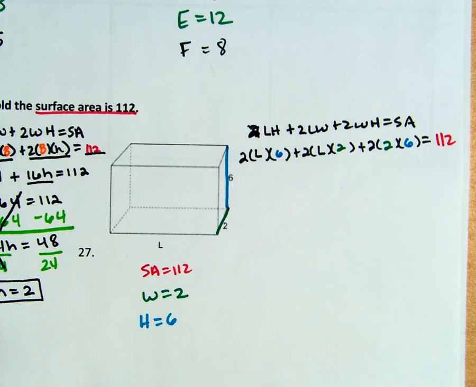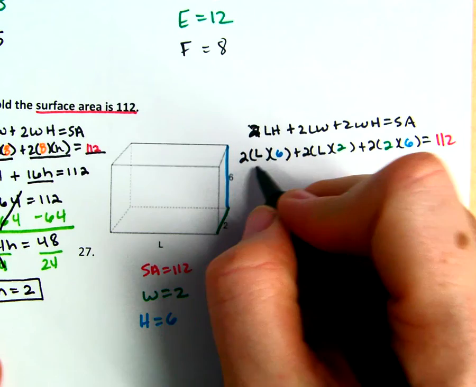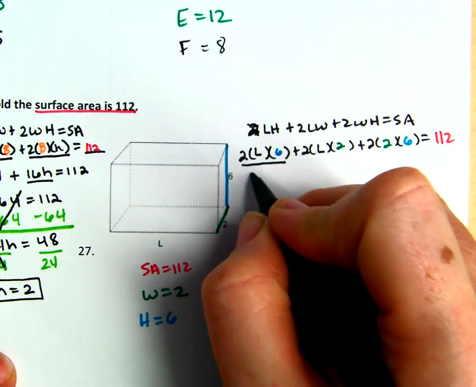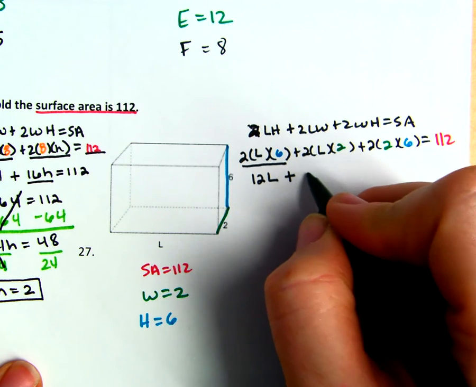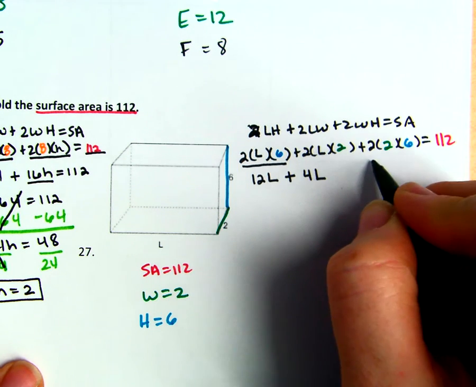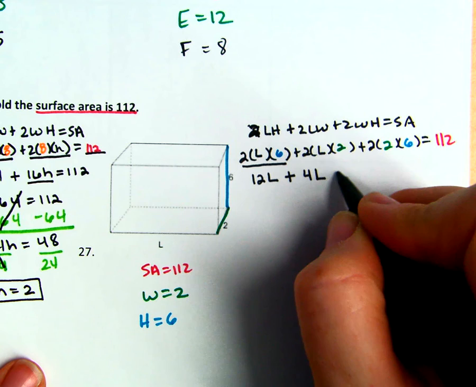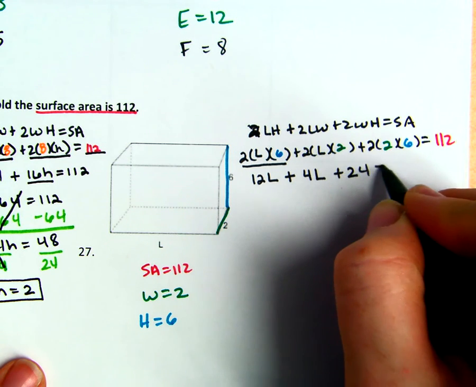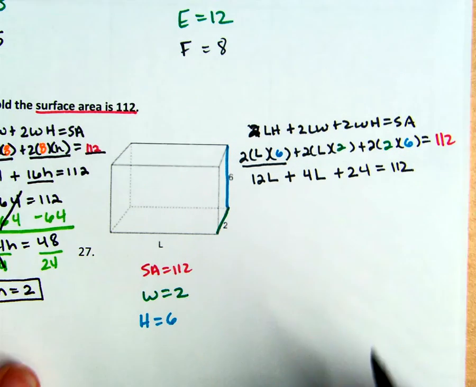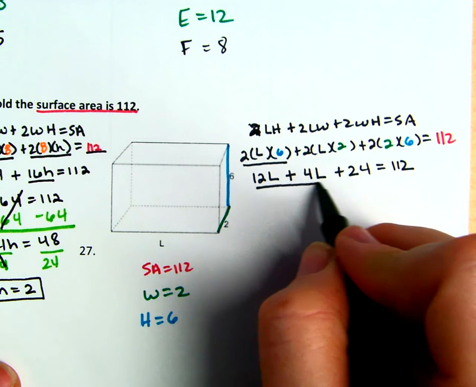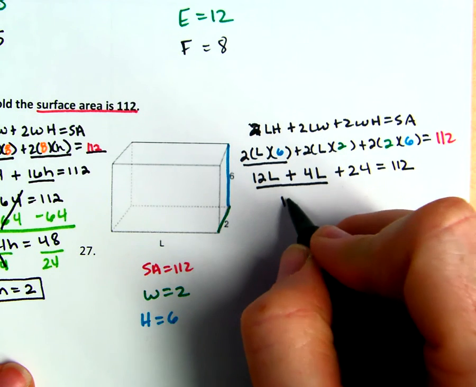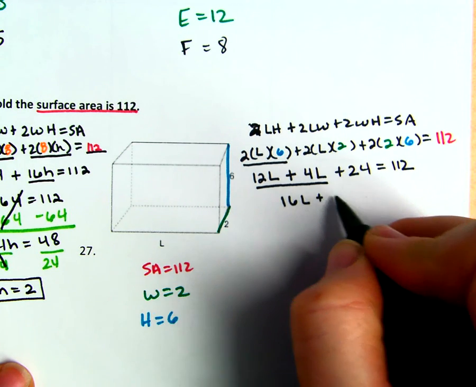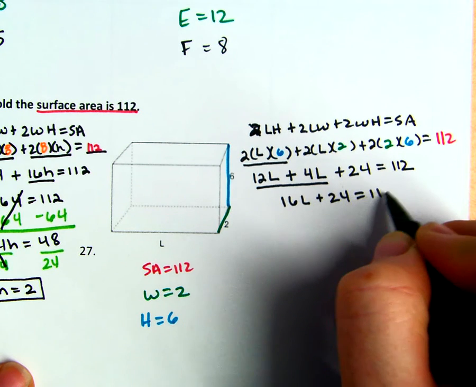From there, I can simplify the problem. 2 times L times 6, 2 times 6, becomes 12L. 2 times L times 2 will be 4L. And 2 times 2 is 4, and 4 times 6 is 24, and that's going to be 112. Then I can combine like terms: 12L plus 4L gives me 16L plus 24 is equal to 112.